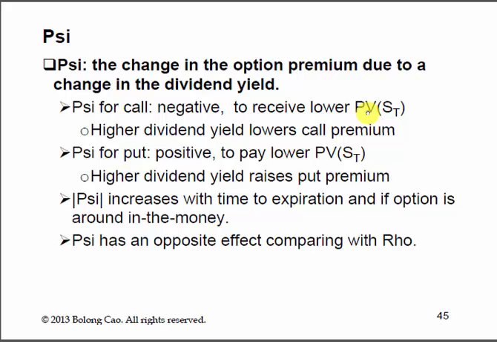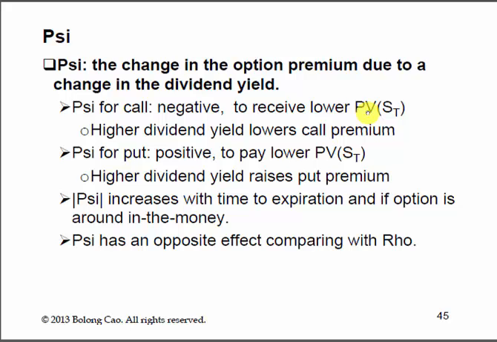Obviously, if the dividend yield is higher, the future underlying price is lower, making the call premium lower. So psi for call is negative. Psi for put is positive because again it decreases the underlying stock price. So high dividend yield increases the put premium.